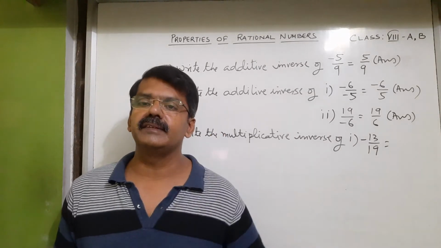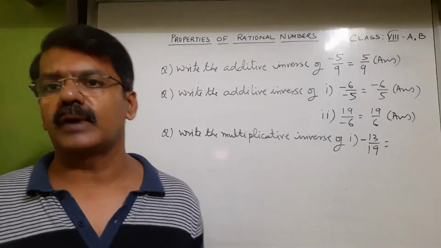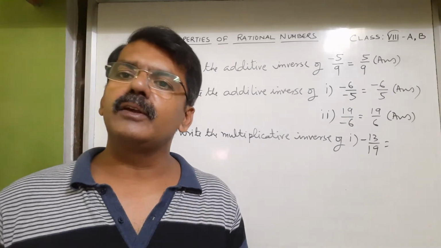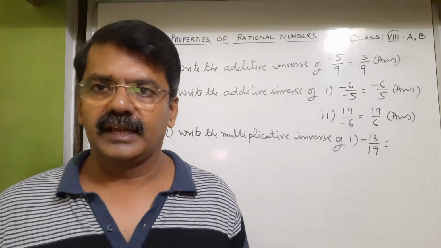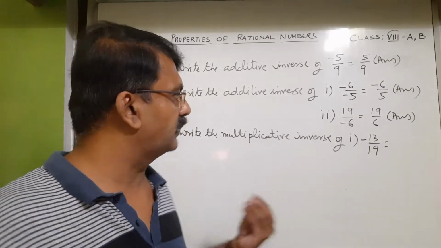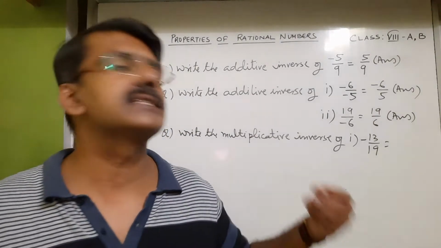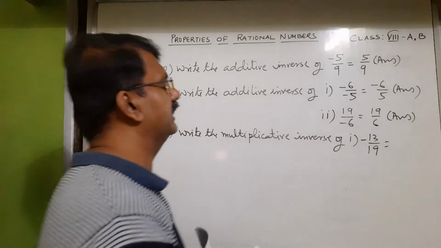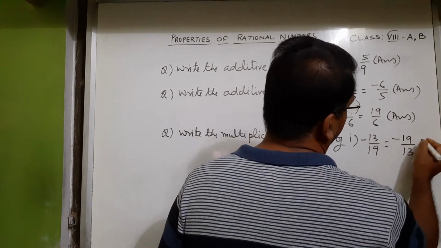Now suppose 5 is a number. With what number should we multiply 5 so that the answer is 1? Obviously the answer is 1 upon 5. So whenever you multiply a number by its reciprocal, you get 1. That means to find the multiplicative inverse of any number, just write down its reciprocal. So the multiplicative inverse of minus 13 by 19 will be minus 19 by 13.